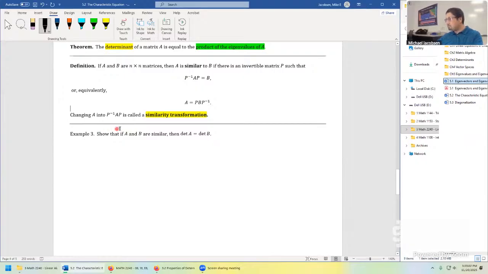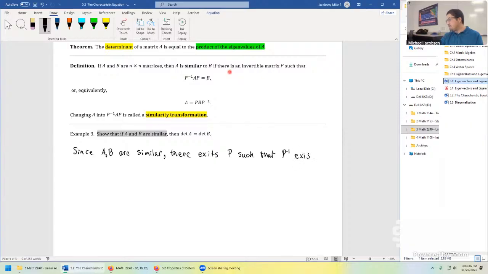It says, show that if A and B are similar, let's start right here. When it says that statement, the very first thing we should say is, well, what is the definition? We'll say, since A and B are similar, go to where the red dot is in the definition, there exists P such that P inverse exists, or we could say determinant P is not 0 if you prefer, just an invertible matrix theorem way to say it.